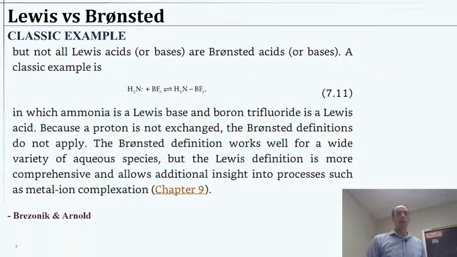But this one, instead of a proton, we're doing the BF3 instead. And so this unpaired set of electrons is going to react, and we're going to get a bonding here between the ammonia and that boron trifluoride.